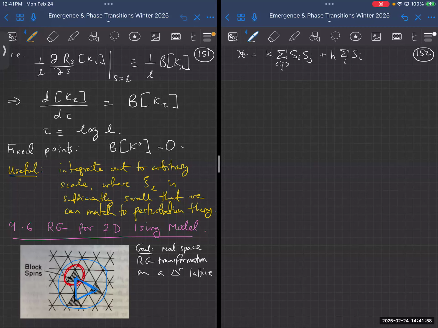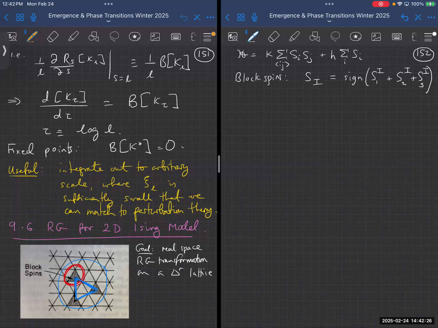And then what we're going to take as our block spins is what I drew on the previous page. Let's take the block spin S_i to be the sign of spin 1 in block I plus spin 2 in block I plus spin 3 in block I, like so.